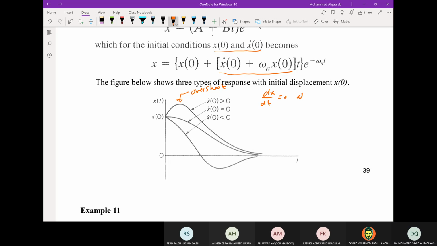Okay, this is at overshoot, at maximum. If x dot at 0 is 0, this will decay exponentially without overshooting. And if x dot is negative, then it will overshoot in the other direction, on the negative side. Okay.